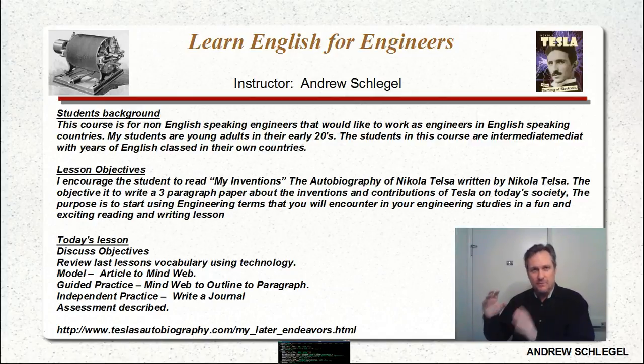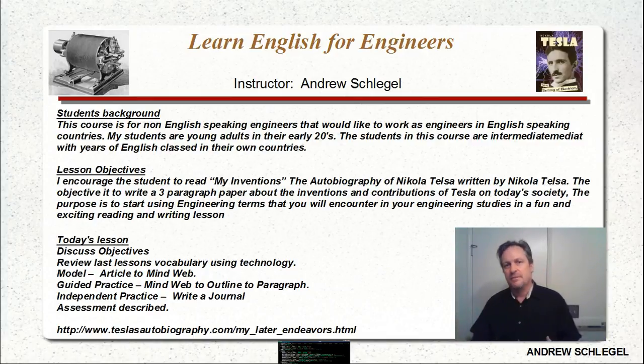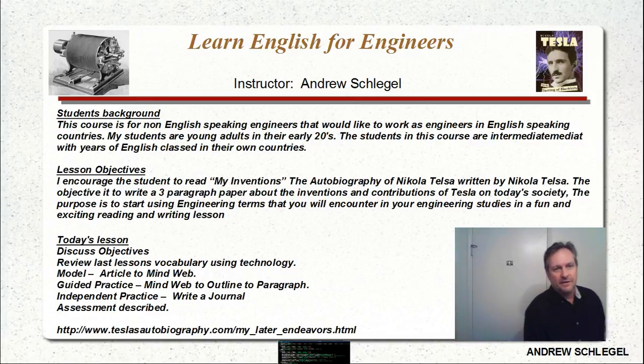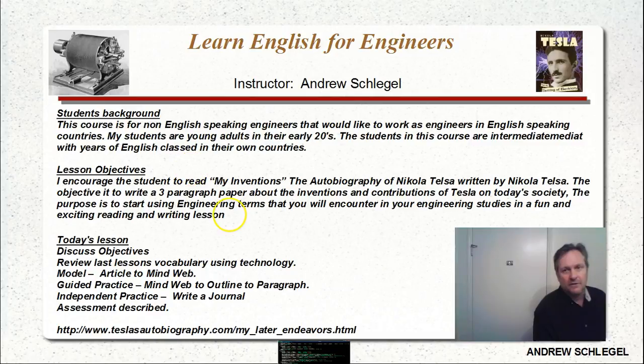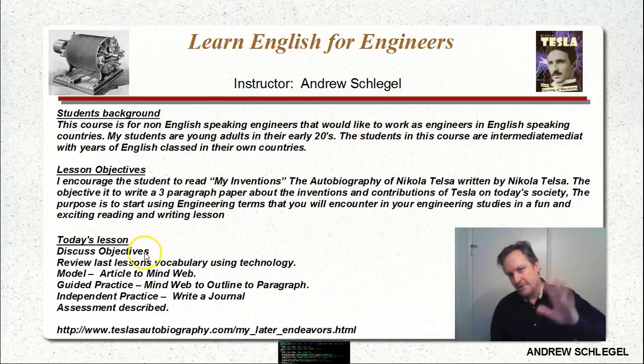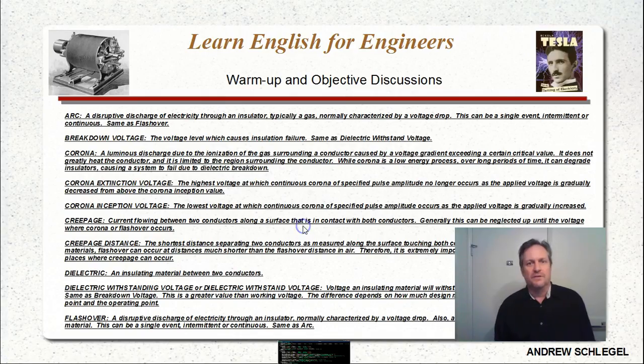I'm going to show you how to go from the article to the MindWeb, from the MindWeb to the outline and then to an actual paragraph, and that's the same process that you're going to use on the independent practice to write your journal from the autobiography, okay? And then we'll discuss the assessment because I'm sure we won't reach that today.